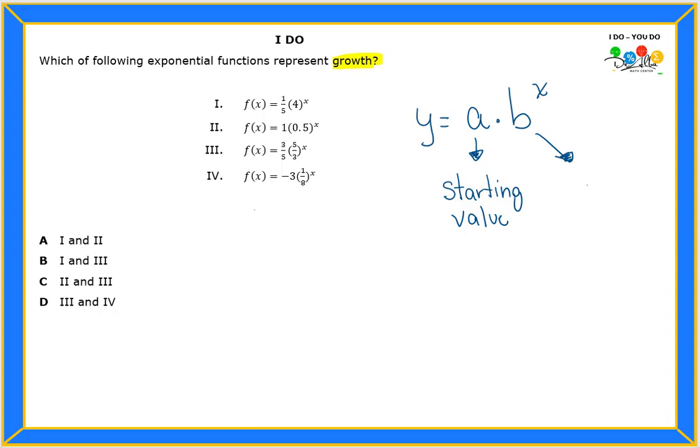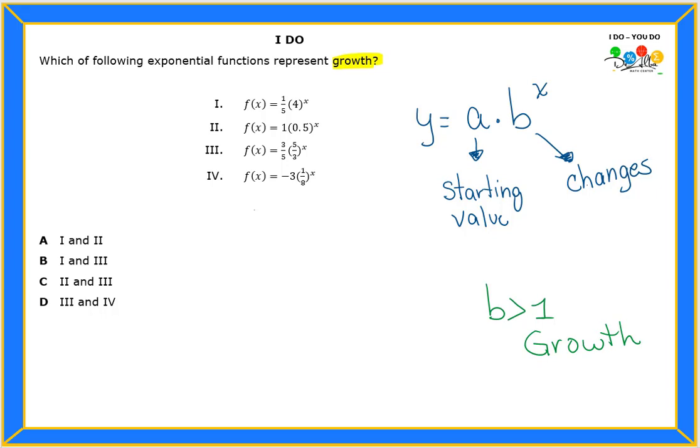B is actually the one that represents the changes, right? How much and how is something changing. So B is the one that determines my growth, right? And not only that, but I know that if B is greater than 1, then it will be a growth, right? Okay, so let's look at the functions that are given to me.